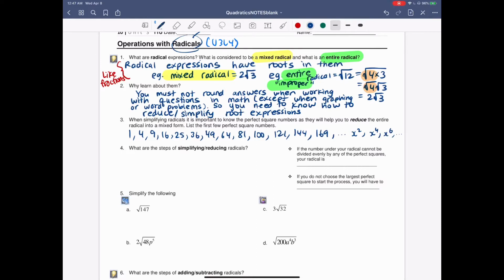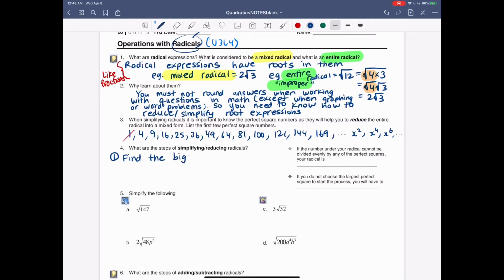What are the steps of simplifying and reducing radicals? First, you're going to find a perfect square. Are you going to pick the smallest? Or are you going to pick the largest? You're going to pick the largest.